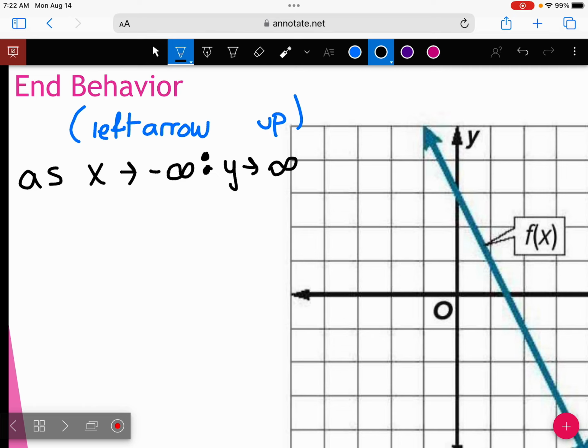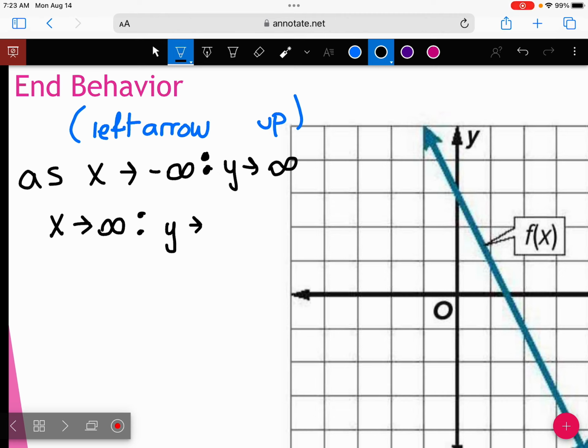Okay, so if we do that when x approaches negative infinity, we're going to do it again when x approaches positive infinity. So then we don't have to write the as again. As x approaches positive infinity, our y's are going to approach what?